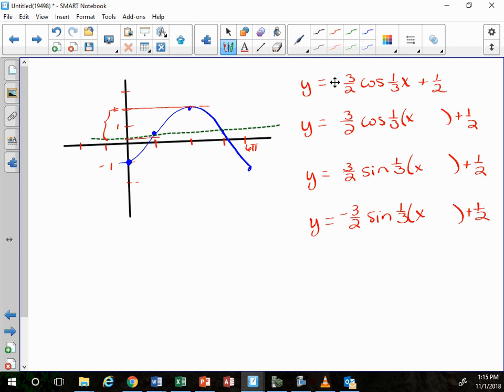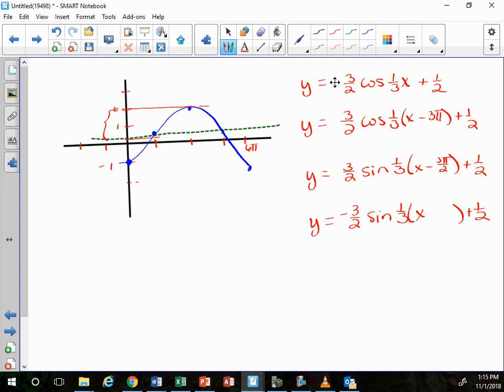For the other cosine, it looks like I'm going to the right 3 pi. You could have gone to the left, but I'm going to do -3 pi. Positive sine looks like to the right 3 pi over 2. And then for negative sine, a couple of options.